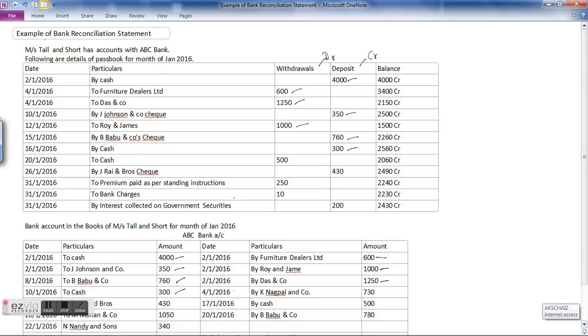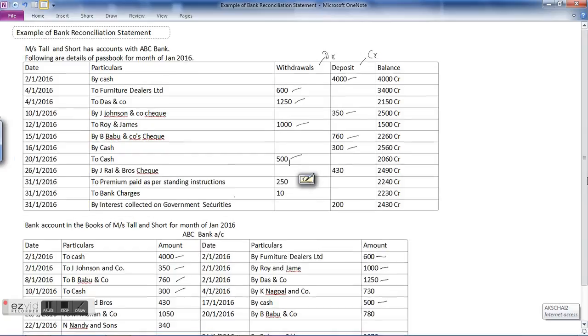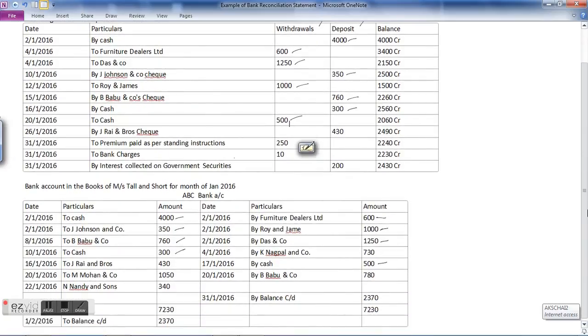On 17/1/2016 you have it, 500 rupees, and here 500 rupees. Then by J. Rai and Brothers, 430 rupees on the credit side. So let's see in the bank statement. You have it on the debit side of the bank statement, to J. Rai and Brothers, 430 rupees.